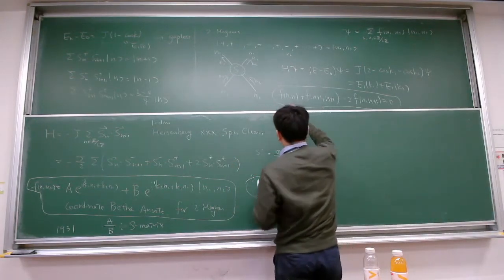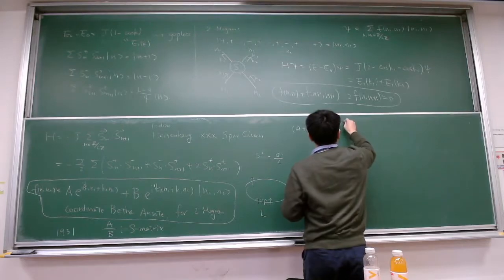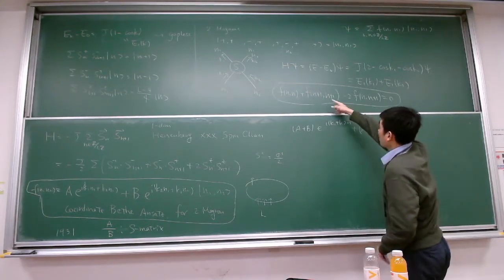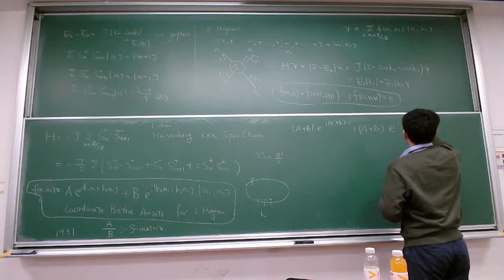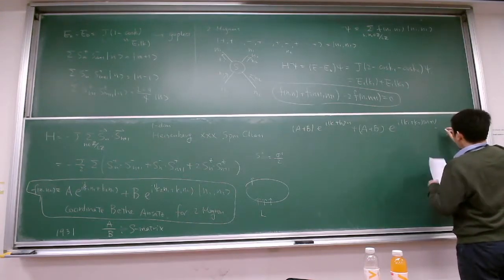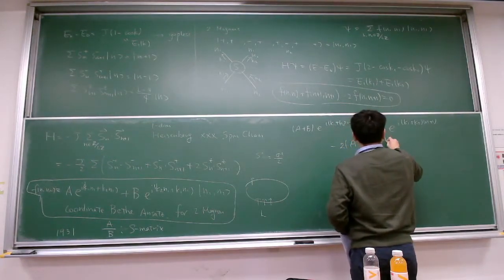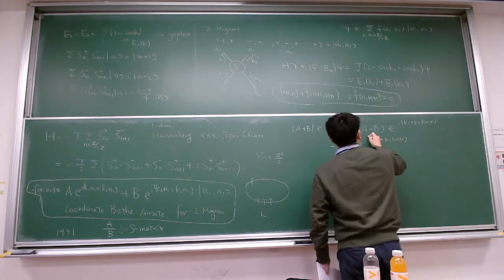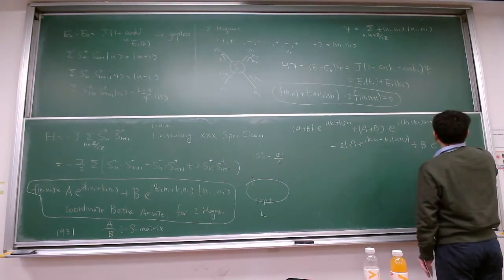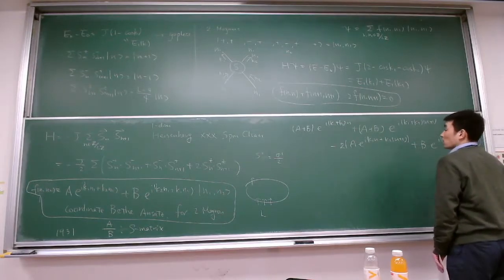Then we plug that into here, and then we have A plus B e^{i(k1+k2)}, and then plus A plus B, and e^{i(k1 n + k2 (n+1))}, so I missed 2 here, and then minus 2 times e^{i(k1 n + k2 n)}, and B you just swap k1 and k2, e^{i(k2 n + k1 (n+1))}, and is equal to 0.